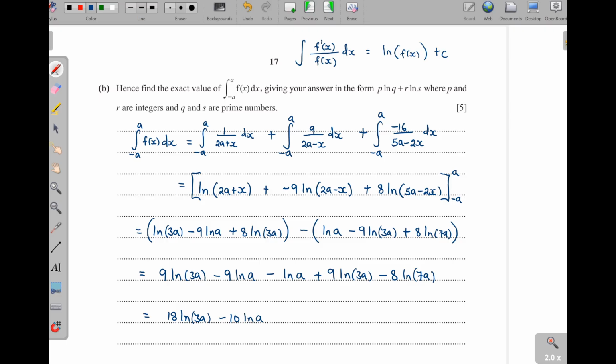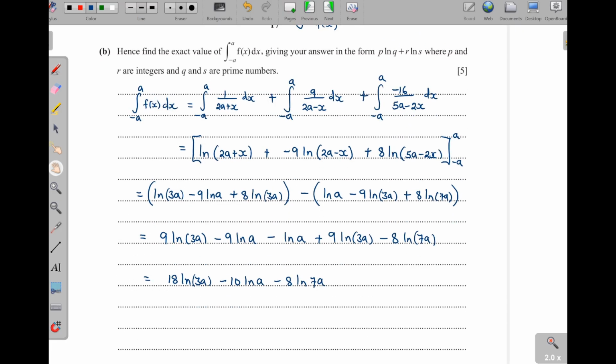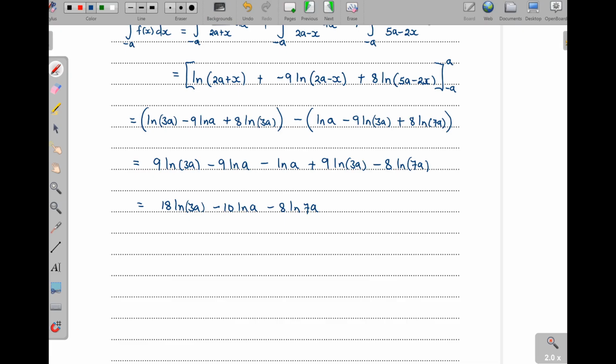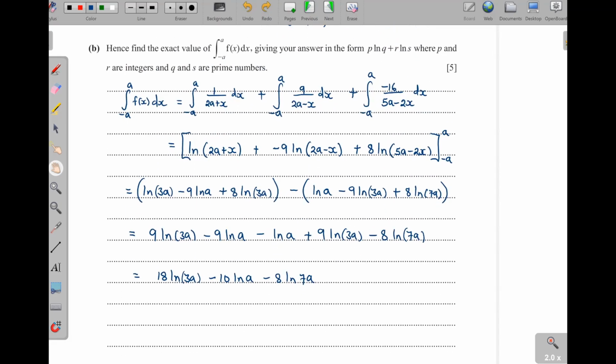And then what else do we have? Minus 8, then natural log of 7a. Now we are seeing an a in here, here, and here. So we need to pull it out, okay? Just like, remember what we are having here, okay? We need to simplify. So this is not the final answer.